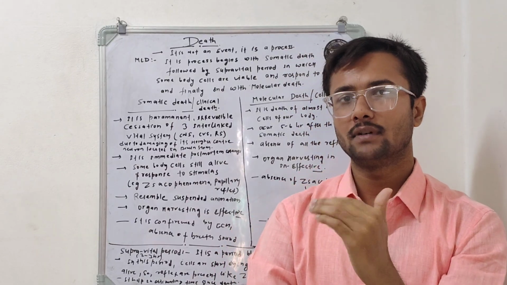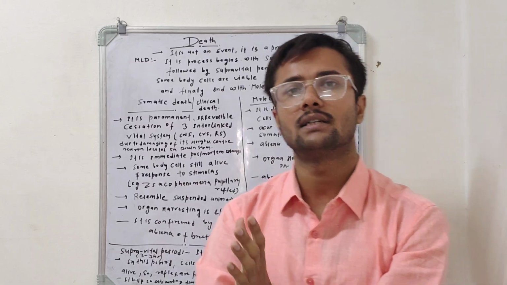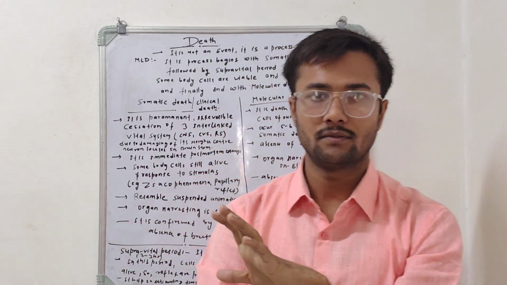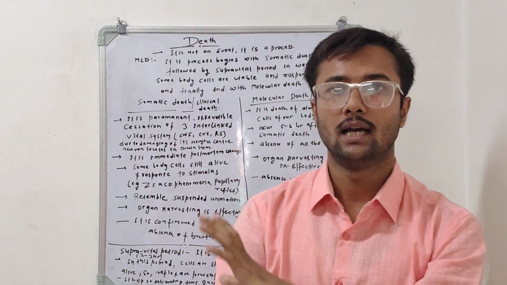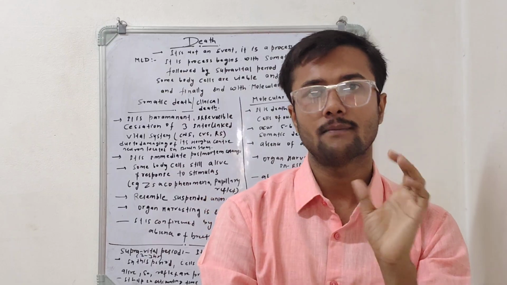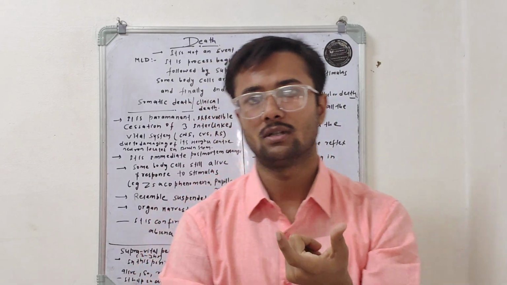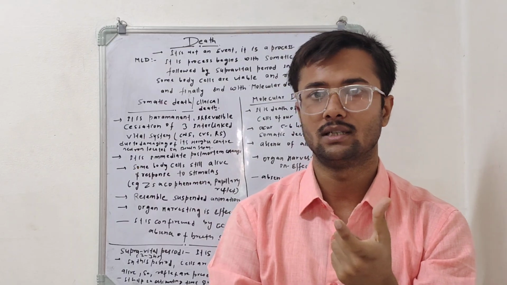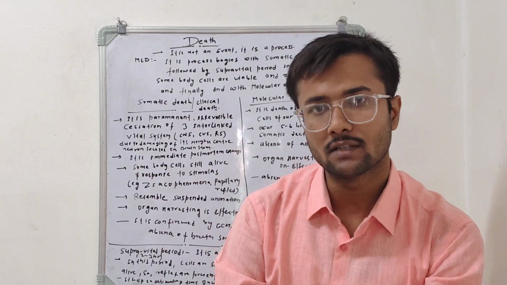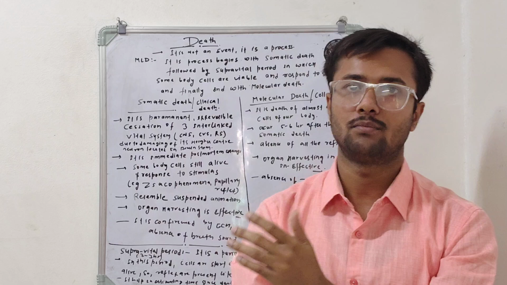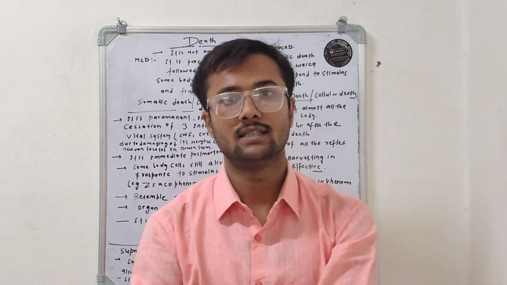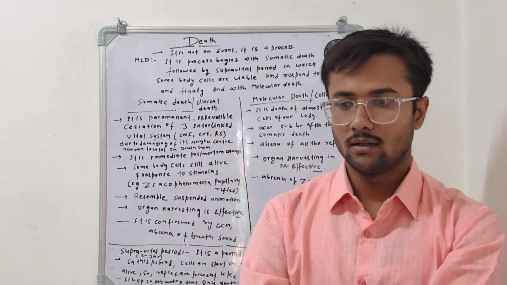So basically, when changes occur in a sequence, in that condition we call it a process, and death is also a process. I mean, death is not an instantaneous change or a change that occurs at a particular interval of time. There is a sequence of changes during the death process. So what changes occur in the death process?